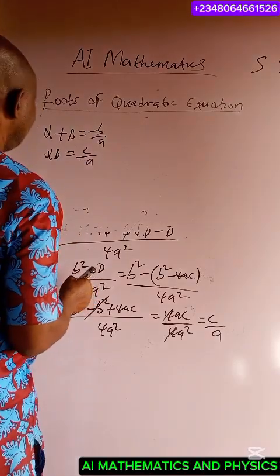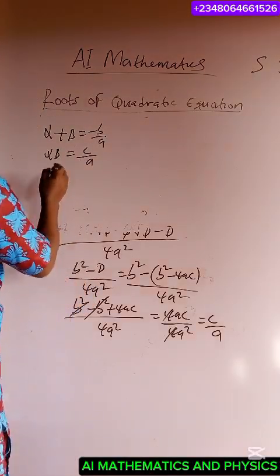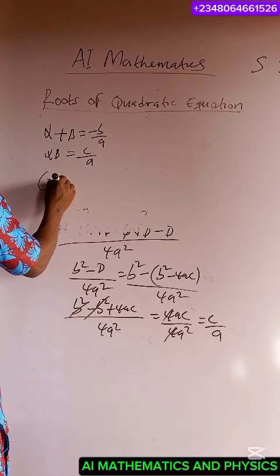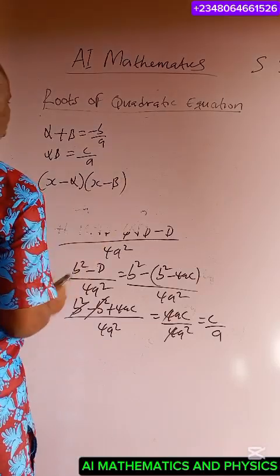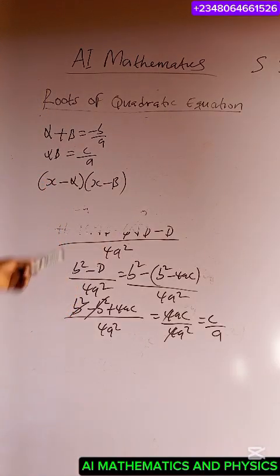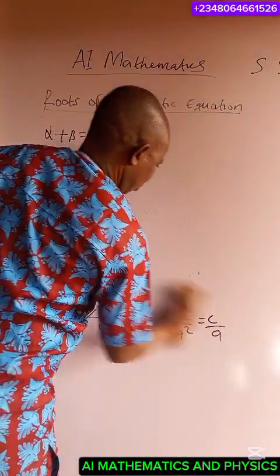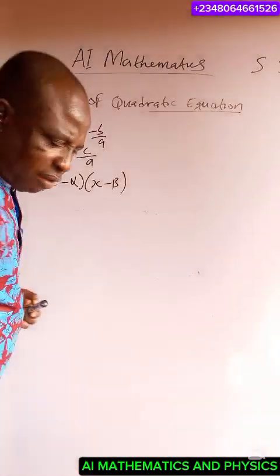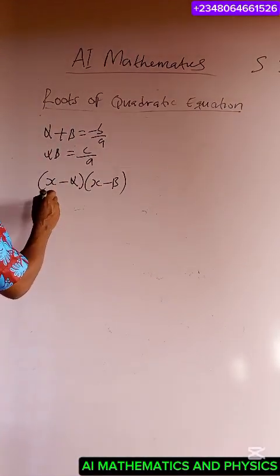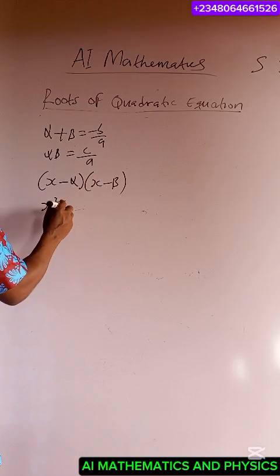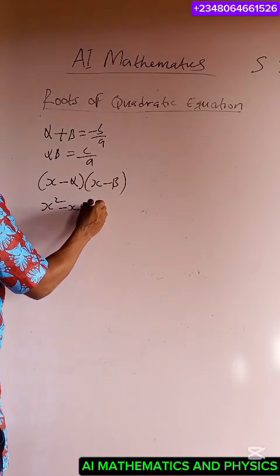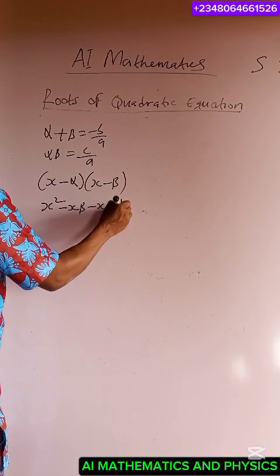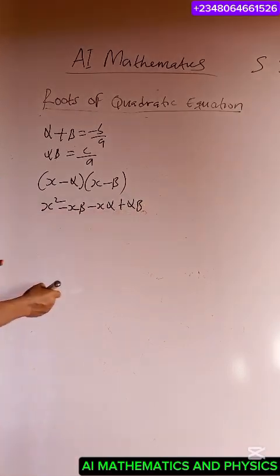Another very important thing, if you have roots like this, it's x minus alpha times x minus beta. This is how the quadratic equation is always in form. It's always like that. We have x times x, we have x squared. x times this, we have minus x beta, minus x alpha plus alpha beta.